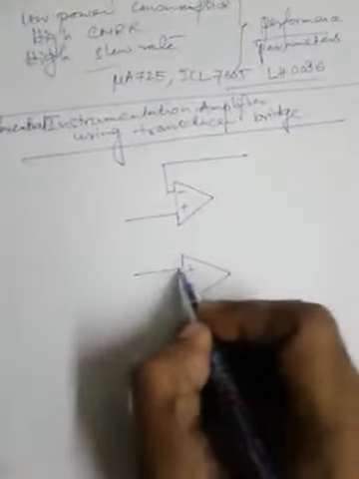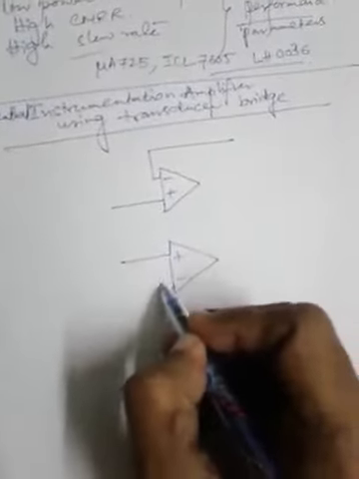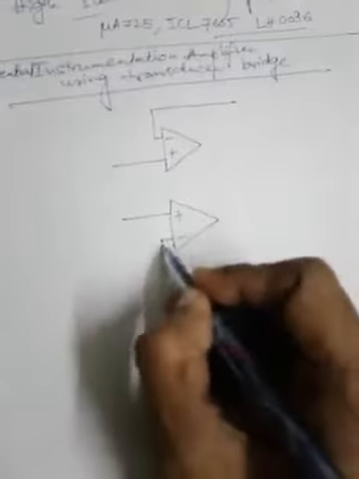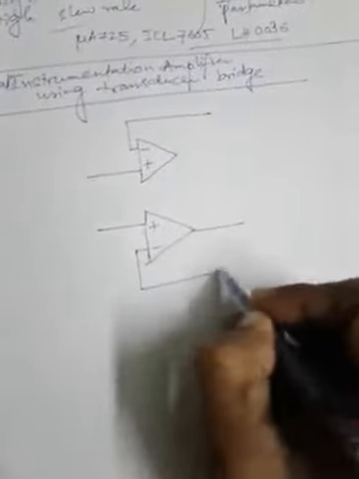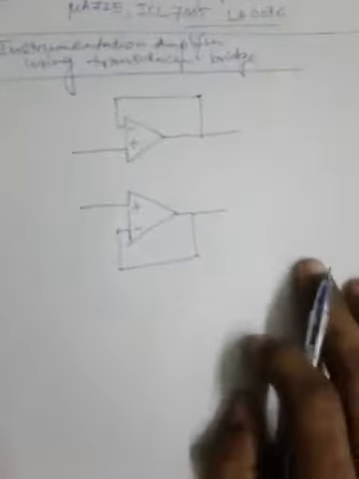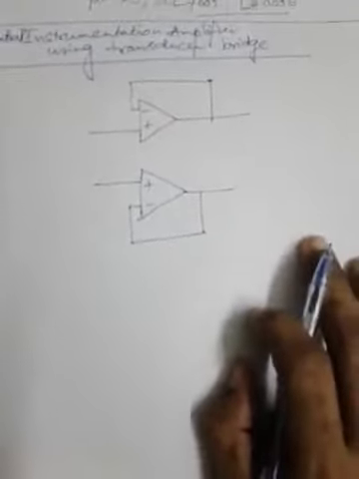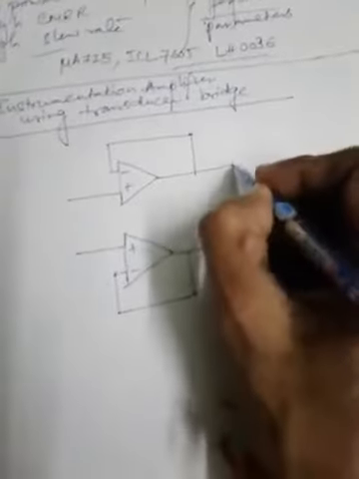Now this is the 2 op amp, and since it is differential amplifier, so it should be having 2 inputs only, and they are connected in this fashion like a voltage follower circuit, and no resistance is connected in its feedback path in both the cases.